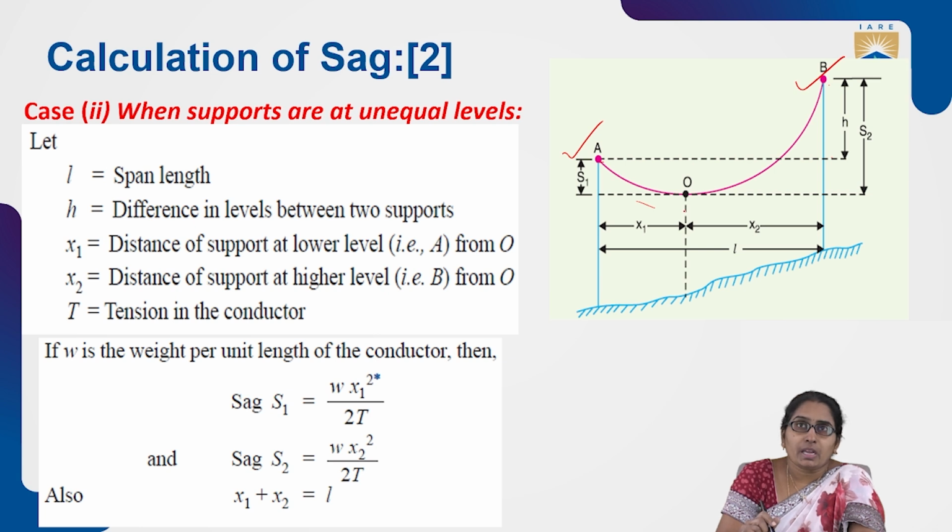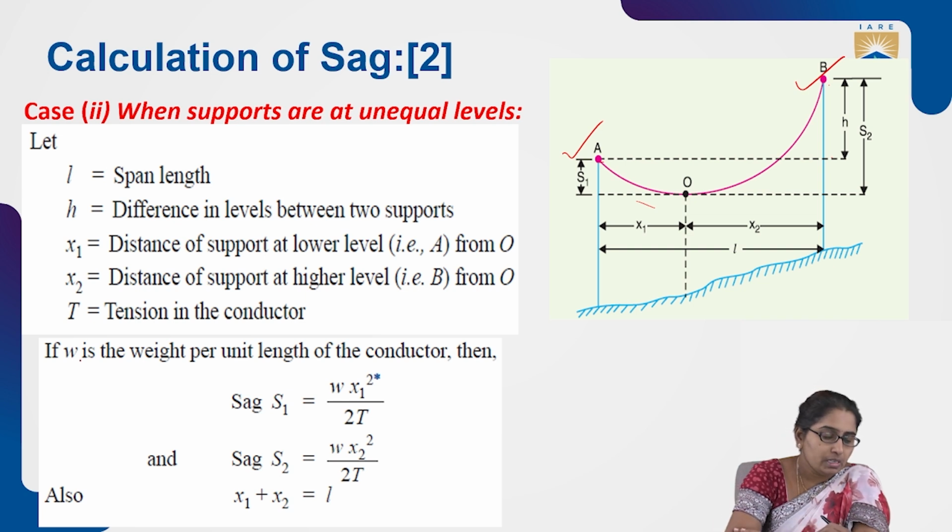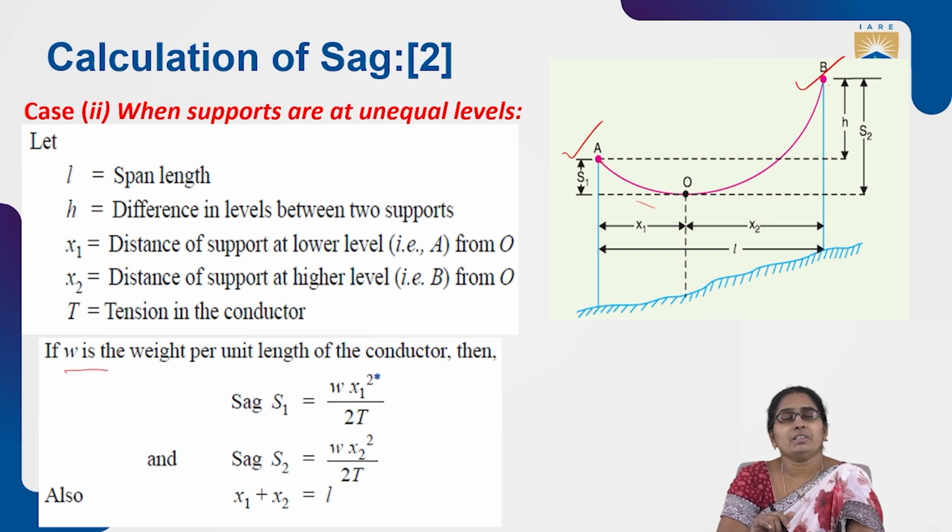Capital T is already defined as the tension in the conductor. Now we want to get the sag expression for this case. In the diagram, we can see how the two supports are placed on a sloping area. Small w is the weight per unit length of the conductor.